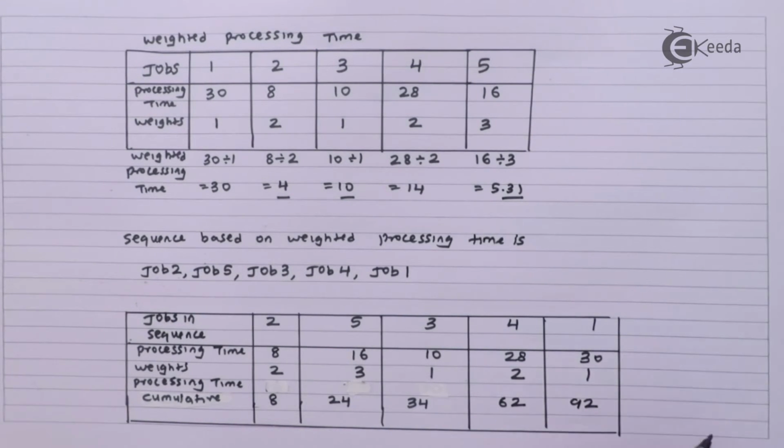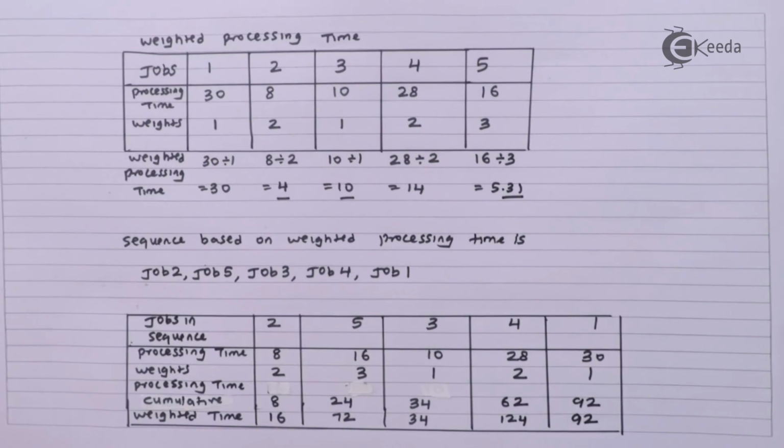And now we'll multiply this to get the weighted time, which will be 8 into 2, 16, 24 into 3, 72, 34 into 1, 34, 62 into 2, 124, and 92 into 1, 92. Now once I got this weighted time, I will use this to calculate the weighted mean flow time.